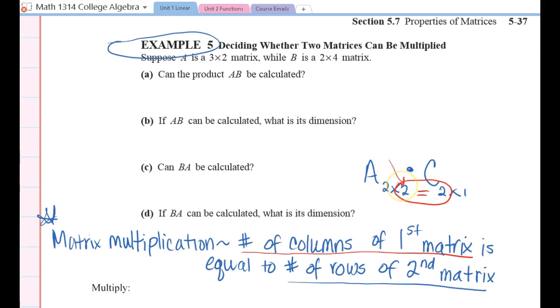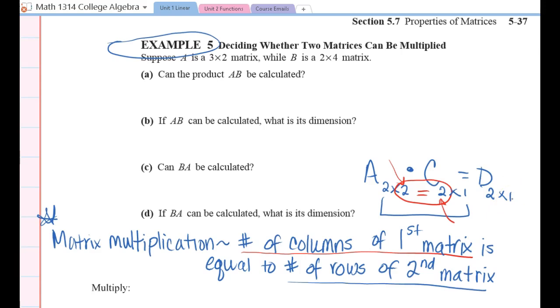This is the number of columns of the first matrix, and this is the number of rows of the second matrix. The cool thing is that once we multiply them, whatever my answer is, it will actually have the dimensions of the outside numbers. That would be a 2 by 1 matrix.